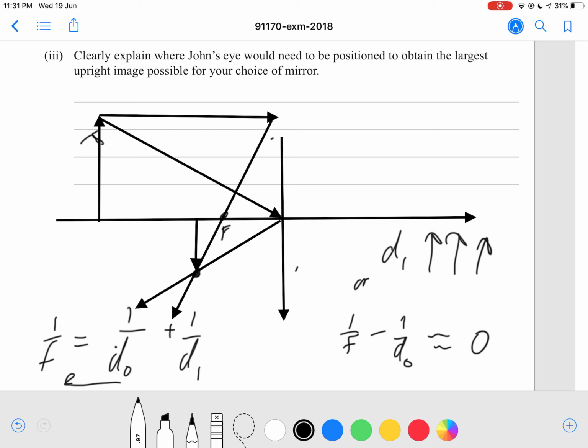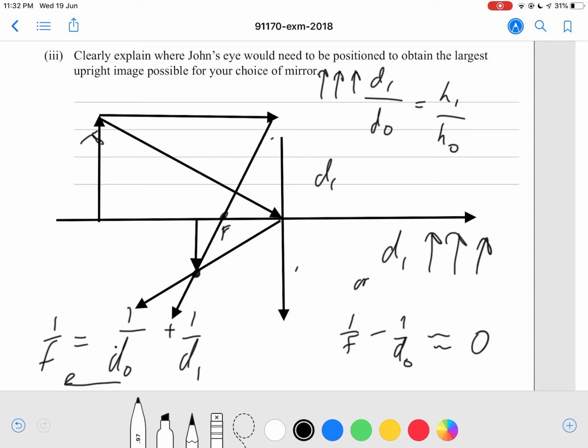So if our di is very, very high, and we have di over do equals hi over ho, our do is very close to the focal point, and we have our very high di. So our extra large di means our hi will also increase.